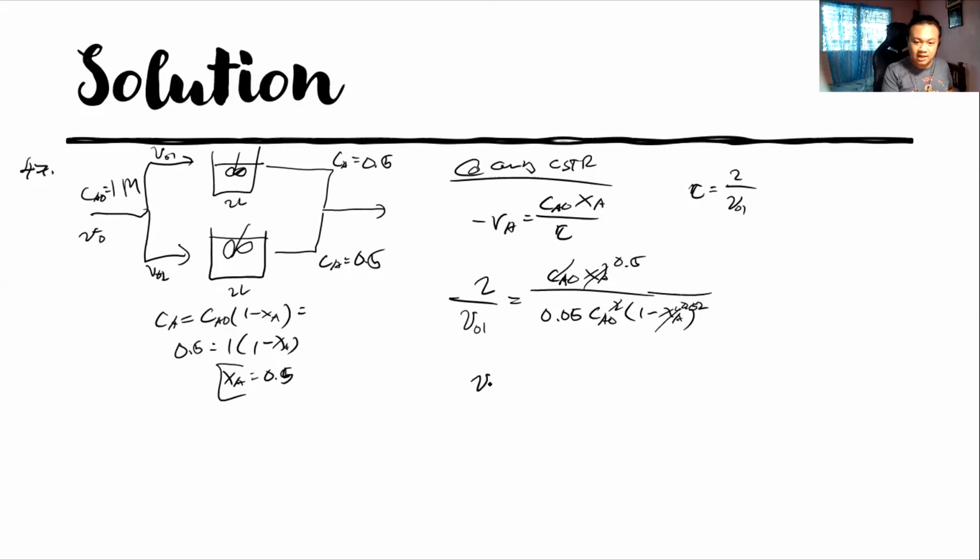So you can get VO1 as 0.05 liters per second or 3 liters per minute.